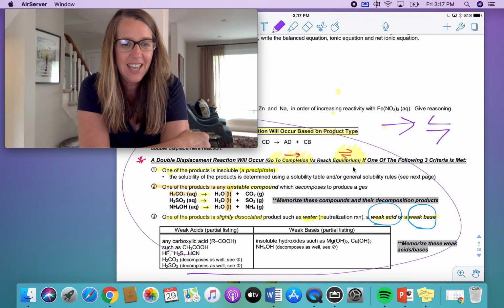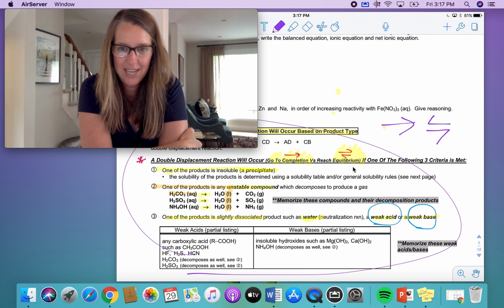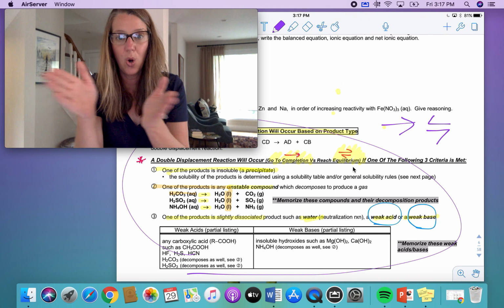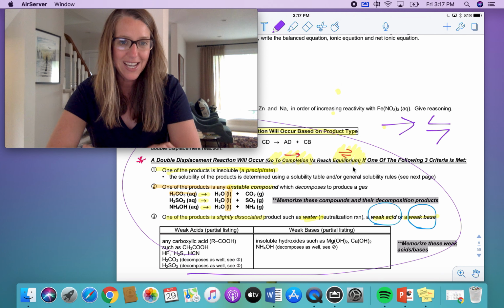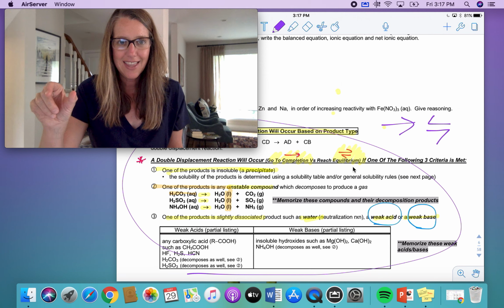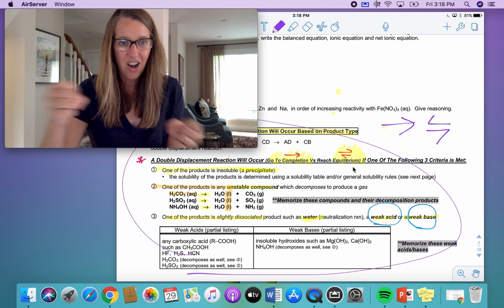If the product that gets formed is a precipitate, then this double displacement reaction is going to go to completion. And that should make sense because if it makes a precipitate, then the state that that product is in has an S beside it because it's a solid, because you made a precipitate. So the ions are stuck together.